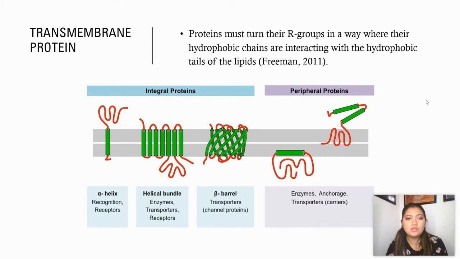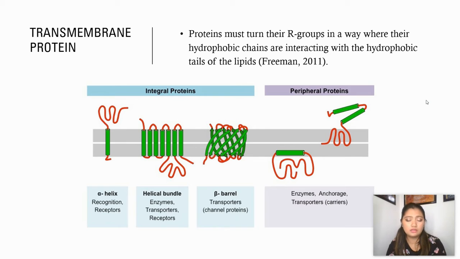When a protein gets embedded into the membrane, it travels through a different system called the endomembrane system, or the secretory membrane pathway, right? When these proteins are translated, they are translated in the ribosomes attached to the endoplasmic reticulum, and then from there they go to the Golgi apparatus where they get modified.